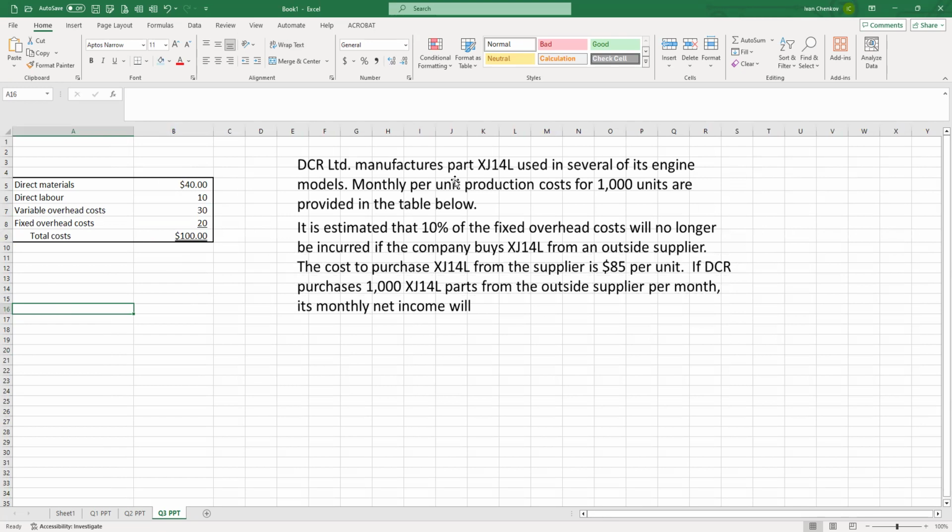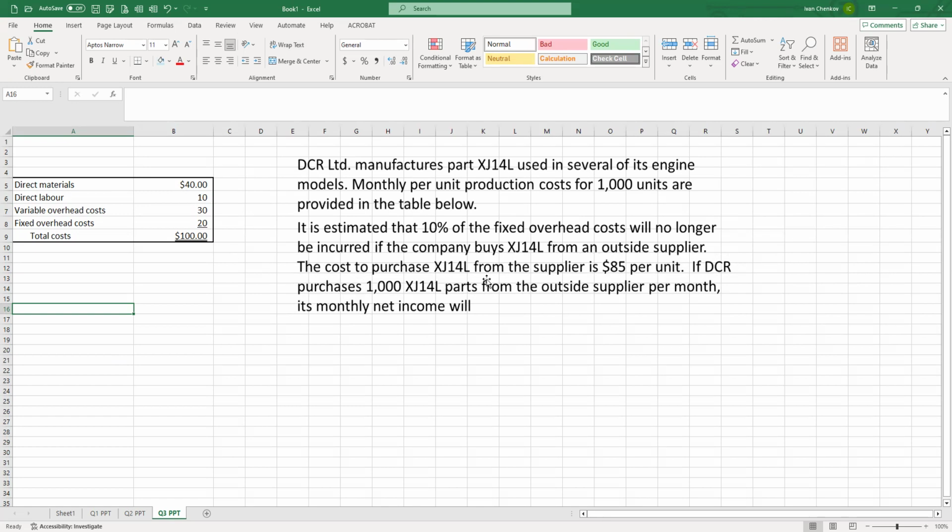This company manufactures parts used for several of its engines. Monthly per unit production cost for 1,000 units are provided in the table below. It's estimated that 10% of the fixed overhead cost will no longer be incurred if the company buys this part from an outside supplier.